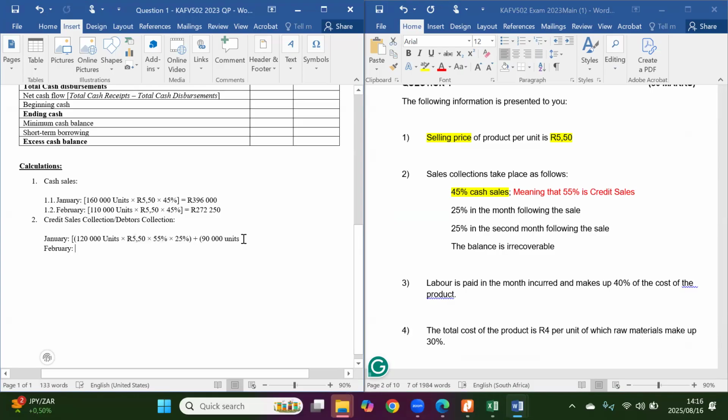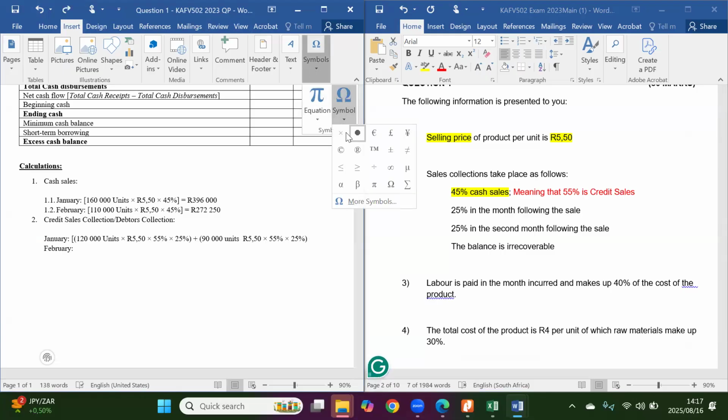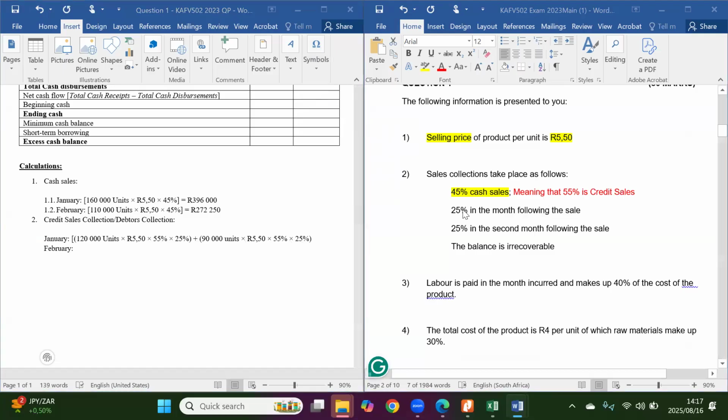So it's 90,000 units, and then this 90,000 units will be multiplied by 5 rands 50, multiplied by 55% and 25%, which is this 25% that we are talking about.